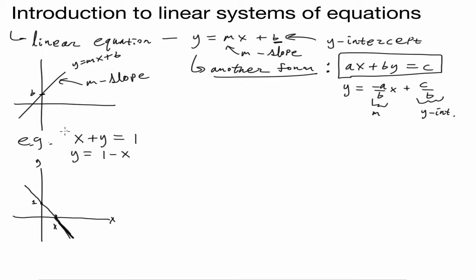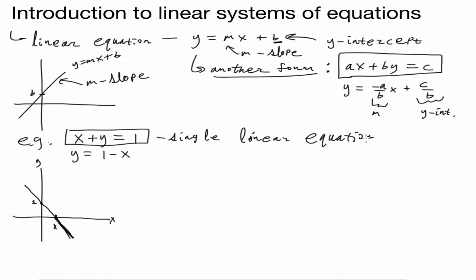All right, so this is a single linear equation, and of course, it has two variables. Okay, so what do we want to talk about when it comes to these linear equations?